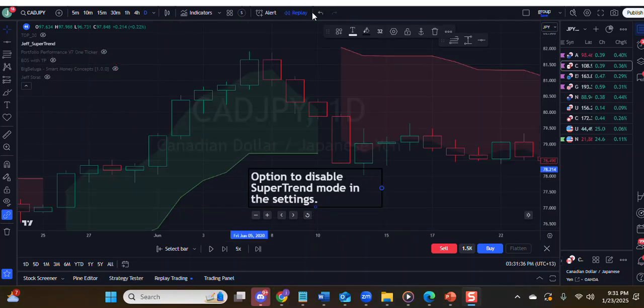To recap, I need the option to disable SuperTrend mode. I definitely love this because I had a higher chance of getting a good trade if this were green and we were going long. However, since there's now going to be a take profit, I want to have the option to cut that off.